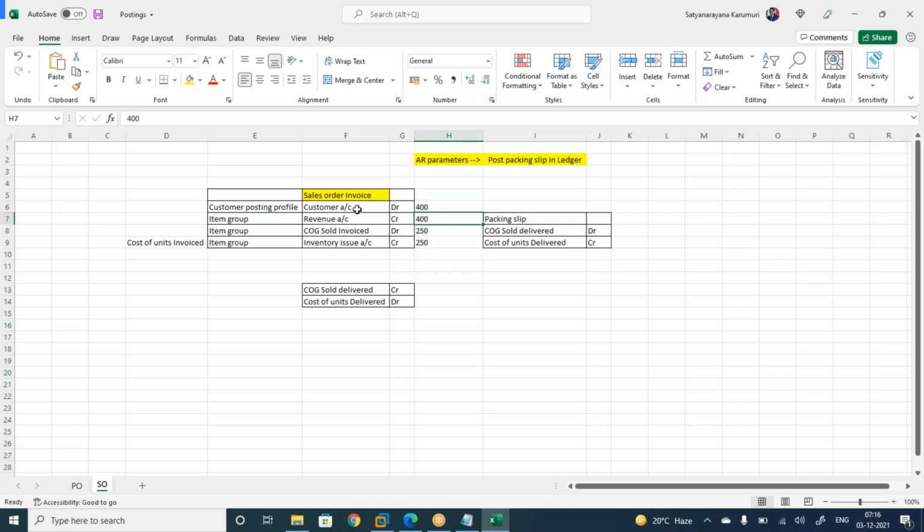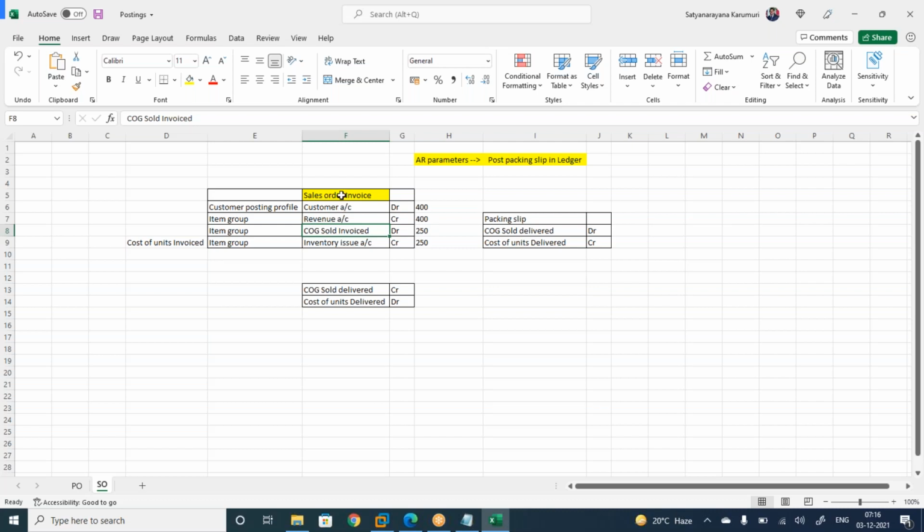Take the example of a keyboard or mouse. You are purchasing at the rate of 250, so the cost price for this item is 250. That is cost of goods. Cost of goods is 250, so inventory value will be decreased by 250. But you are selling at the rate of 400, so revenue is 400. This is the sales value and that is the cost value. The difference between sales value and cost value is the profit to the organization.